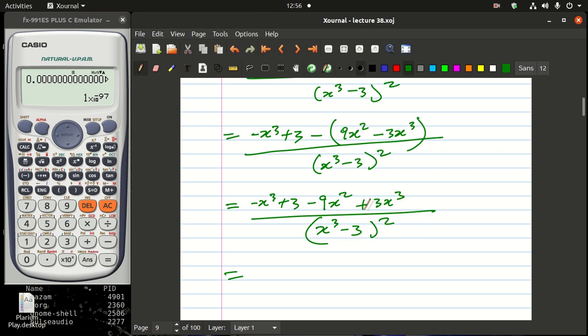So I have 3x cubed minus x cubed. I will end up having a 2x cubed, and then this one here is still going to be there. I have 9x squared, and then I still have this 3 here as it is, plus 3, and then I can divide this whole thing by x cubed minus 3, and then I have a square there.